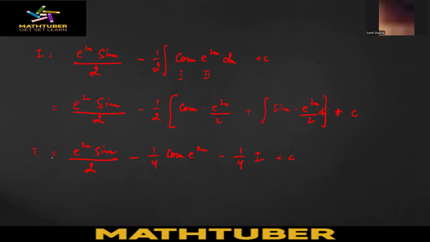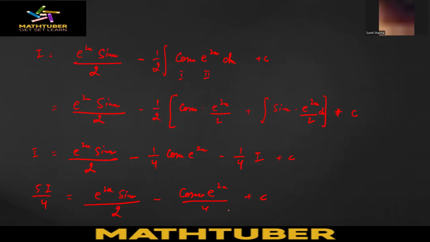So if we take this 1 by 4 I to this side, you will get I plus I by 4, which is 5I by 4, equal to e raised to power 2x sin x divided by 2 minus cos x e raised to power 2x divided by 4 plus c.